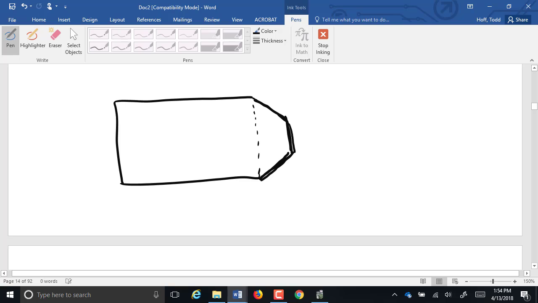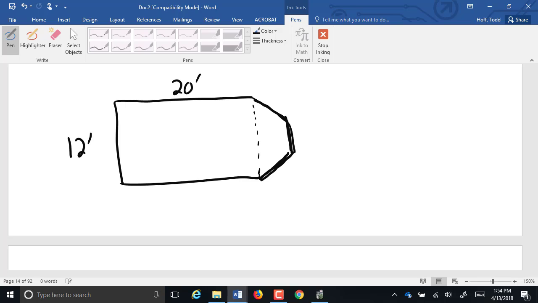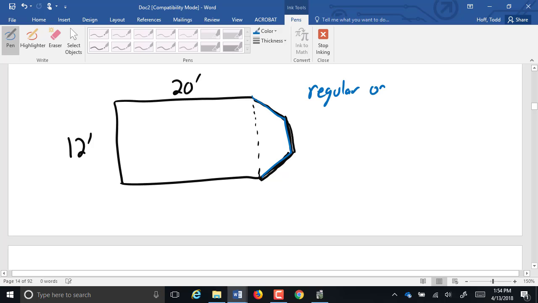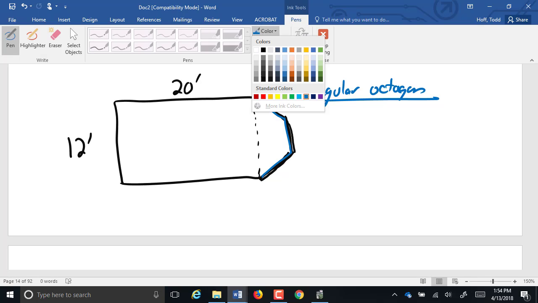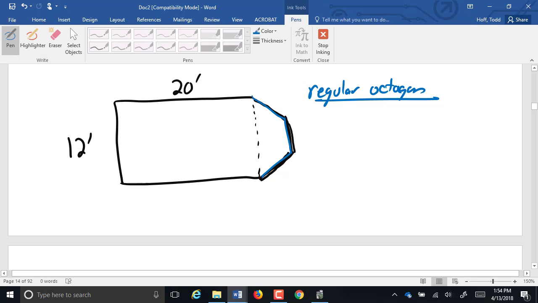Okay, let's say that this here is 12 feet across, this is 20 feet, and this piece over here is a portion of a regular octagon. How would we find the area of that whole figure? If I cut across there, what's this angle got to be?